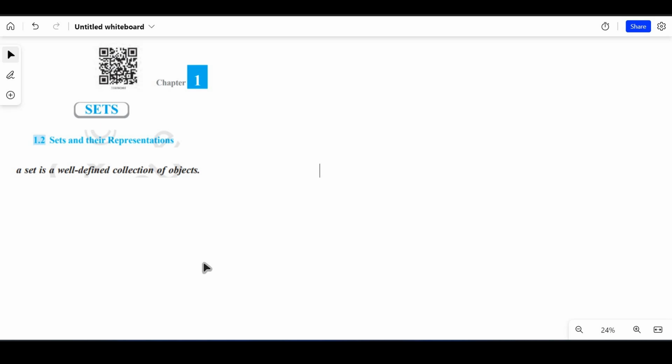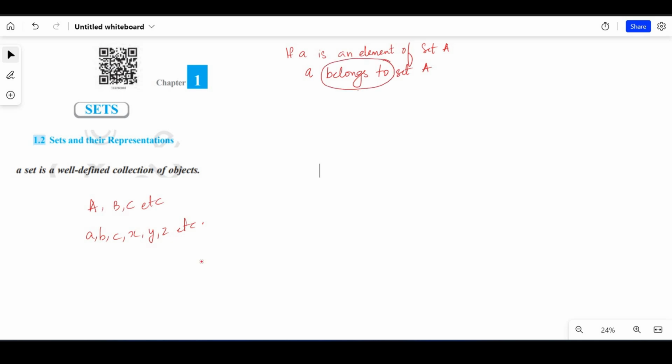Sets are usually denoted by capital letters like A, B, C, etc. And the elements of a set are represented by small letters, say a, b, c, or x, y, z, etc. If a is an element of the set A, then we can say a belongs to the set A. This belongs to can be represented by a symbol called epsilon.